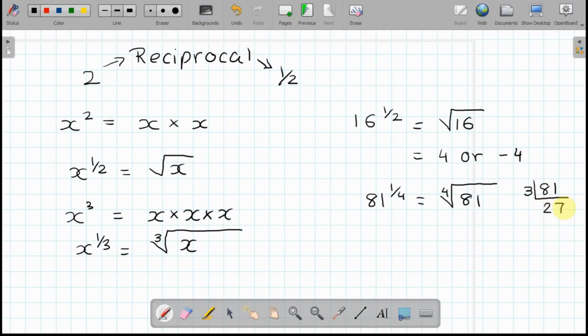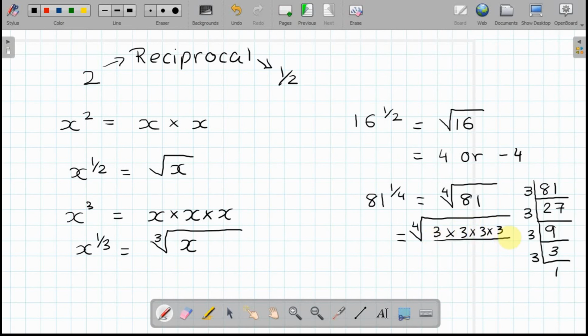It's going to be 27. You divide it by 3 again, gives you 9. You divide it by 3 again, gives you 3. You divide it by 3 again, that gives you 1. So because it's the fourth root, you need a quartet, so 4 numbers to come out of the root. So it's 3 times 3 times 3 times 3. There you go. That's one of them, so it's just 3.